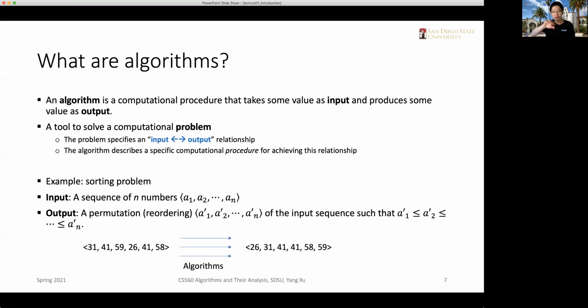I have 3 arrows in the middle, which means that there are multiple ways to implement the procedure that maps the left half input to the right half output.